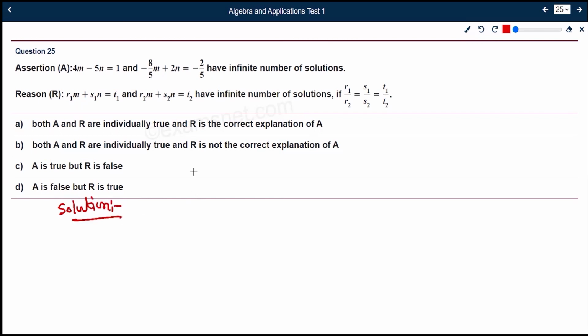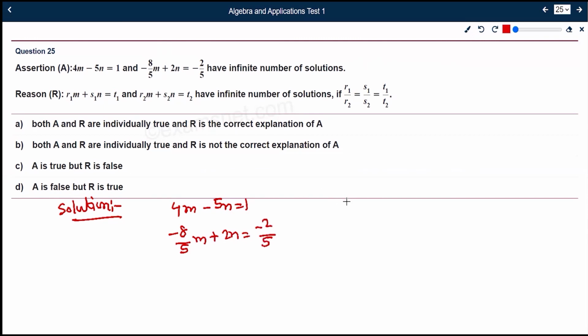This is the correct condition: these two simultaneous equations will have infinite number of solutions if the ratio of the coefficients with the constant is the same. Now let's check this condition with this equation. First let me write the equation: 4m minus 5n equals 1 and minus 8 by 5 m plus 2n equals minus 2 by 5.